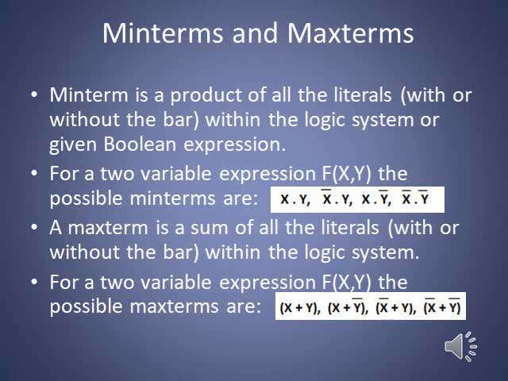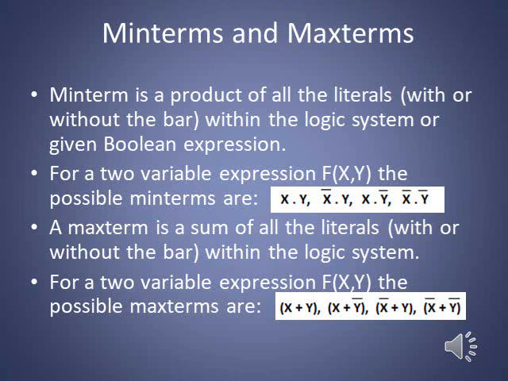Each term is a product term involving all the variables of the given expression. Look at that: here both variables are without bar; in this min term, the first is with bar, the second is without bar. So only four possibilities of terms will be there when we have two variables in an expression. Similarly, in a three variable expression, we have 2 power 3, that is 8 terms possible. There are 8 min terms maximum.